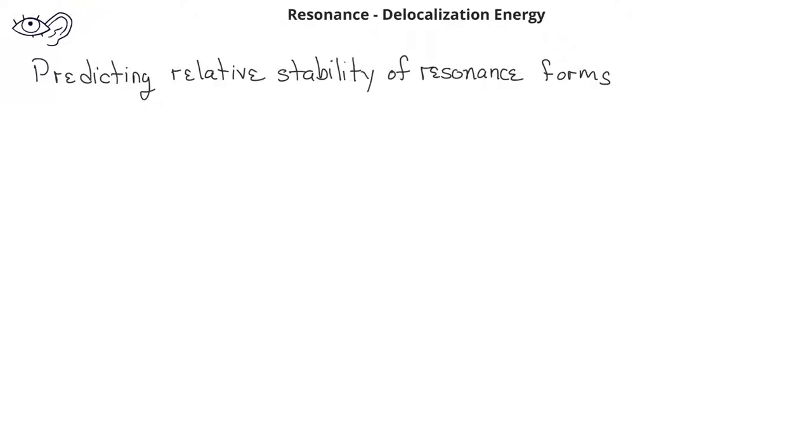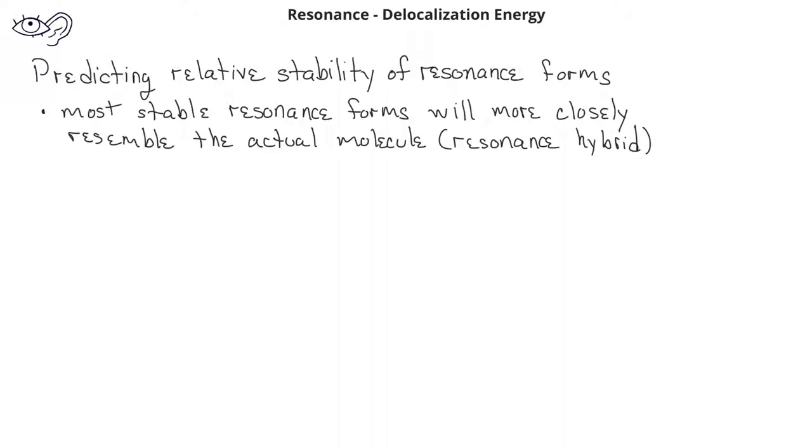When we have a molecule that has multiple resonance contributors to its structure, we can make predictions about the relative stabilities of each of the different resonance contributors. In general, the most stable contributors are those that more closely resemble the actual molecule, or in other words, they more closely resemble the resonance hybrid.